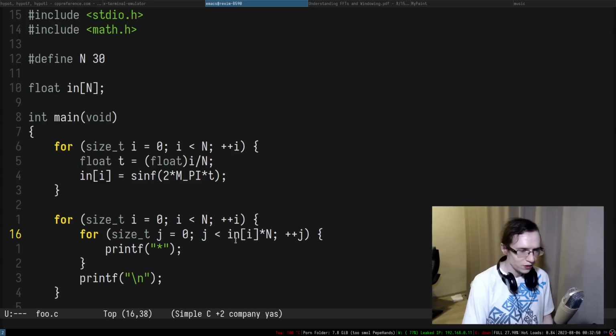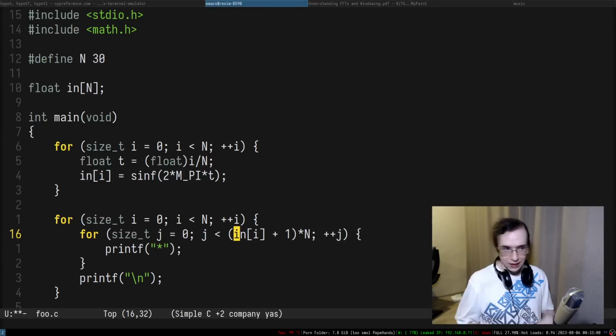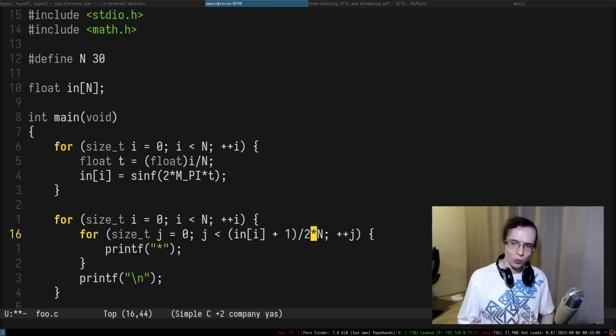One thing we can do is add 1, effectively turning the range from -1 to 1 into 0 to 2. After that, we can divide it by 2, bringing it back to 0 to 1.